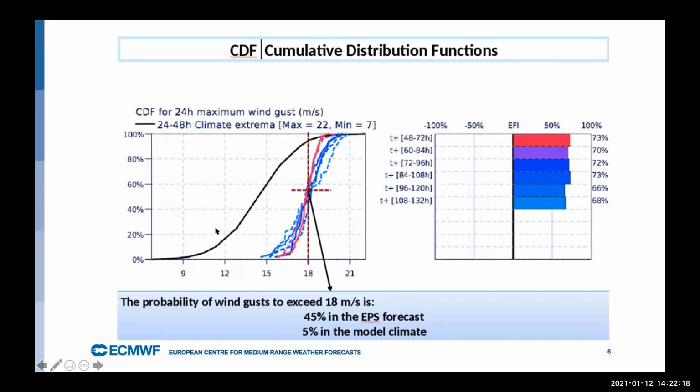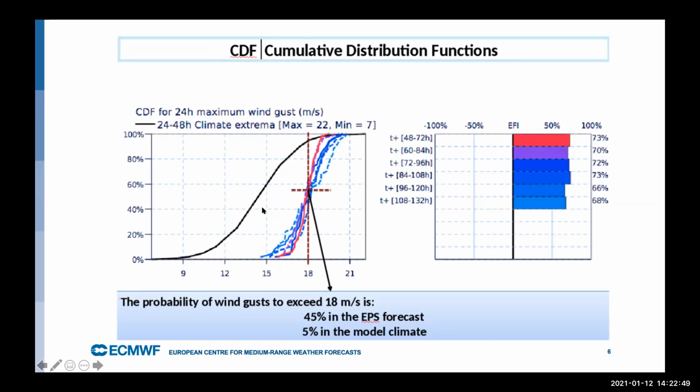And of course the distance between the climate and the forecast gives more area, and the larger the area between the two curves, the larger the EFI, which indicates that the severe event is more likely, if I get that right.